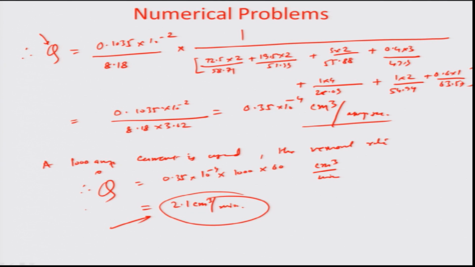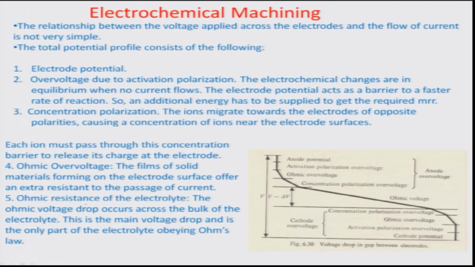Let us now go into a little different problem about realizing what are the impacts of the different potential zones which are formulated from the solution to the solid electrode or vice versa on both sides. So, in electrochemical micromachining, when we are talking about the relationships between voltage applied across the electrodes, the flow of current, as we all realize, is not very simple.